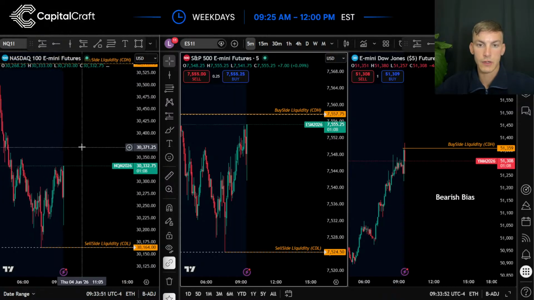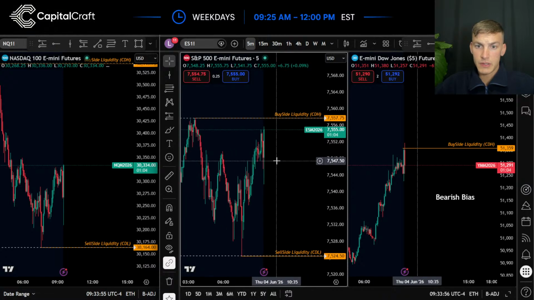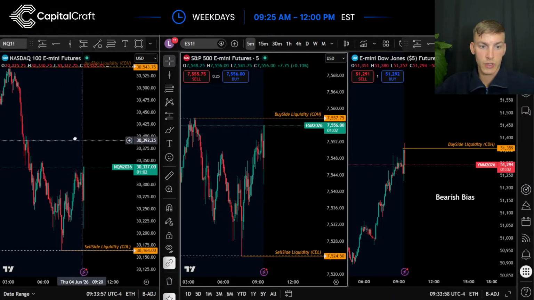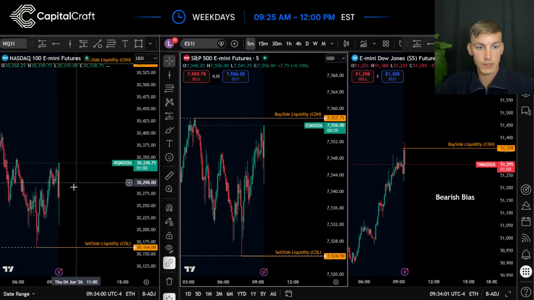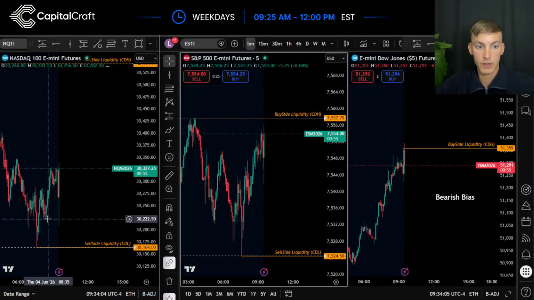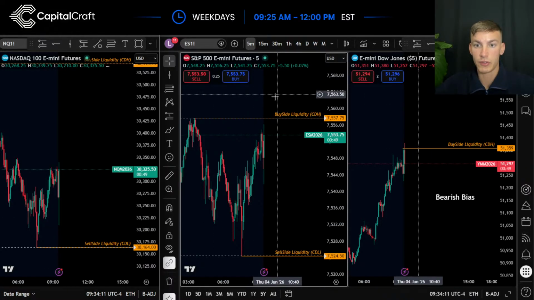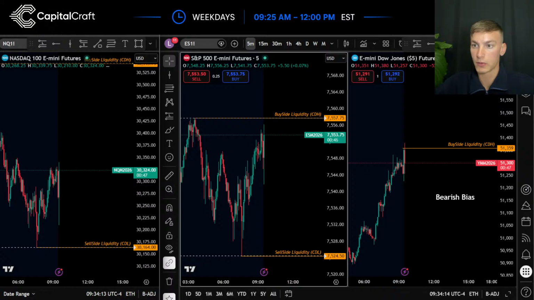TradingView for me is just the best platform I can use in order to analyze these charts. So right now, the S&P is currently pushing higher. Nasdaq also currently pushing higher. We've seen a very nice rejection. It's clearly traded down. The Nasdaq's taken some minor buy side over here, coming in at 825. We've not yet seen the same thing in the S&P 500. I'll make sure to mark that out quick.